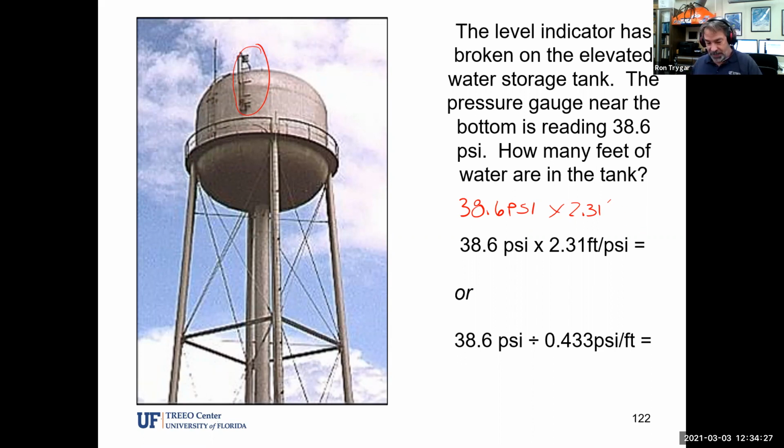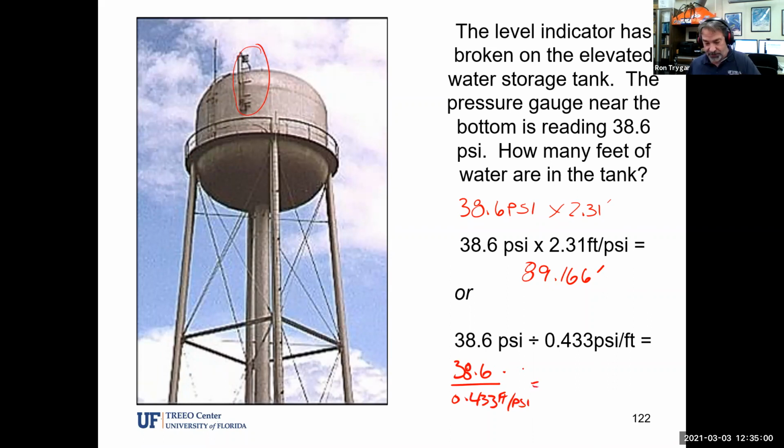So 2.31 feet per PSI gives us what? Let's see what we got. 38.6 times 2.31, I come up with 89.166, and this would be feet of water. Or we can do 38.6 divided by 0.433 feet per PSI.